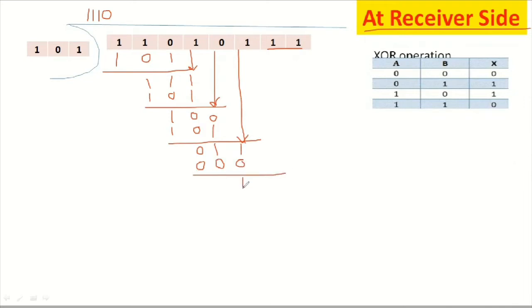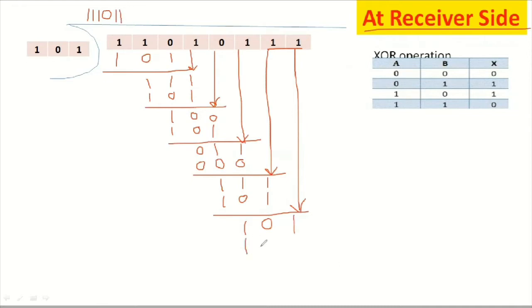So now I'll get 1 1. So I'll bring the other one down. So now 1 0 1 ones are 1 0 1. 0 1, and then finally I'm bringing the last one down, which is 1 0 1. So 1 0 1 ones are 1 0 1.